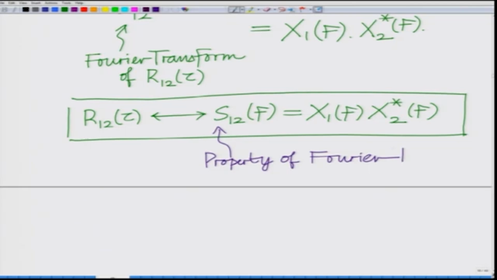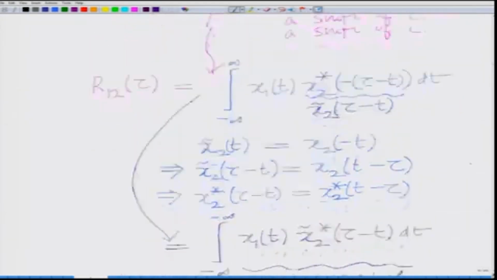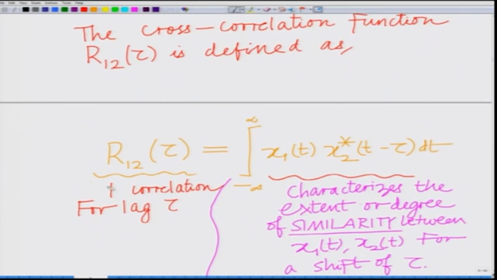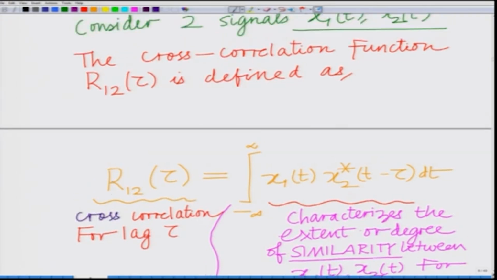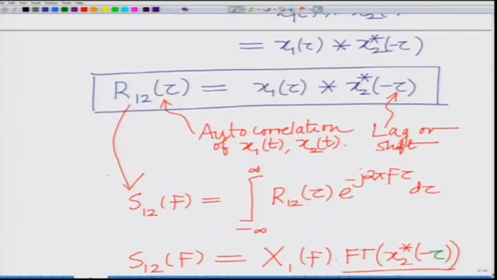This is the property of the Fourier transform of the cross correlation.